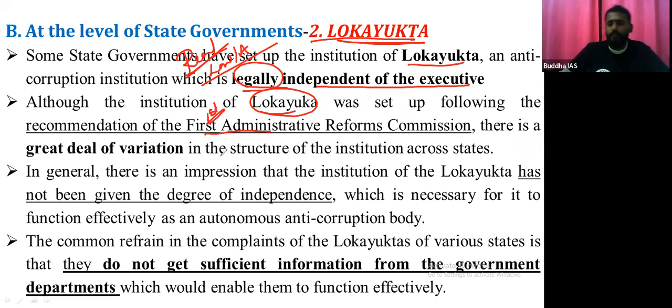In general, there is an impression that the institution of Lokayukta has not been given the degree of independence which is necessary for it to function effectively as an autonomous anti-corruption body. So this is, in fact, the reality.